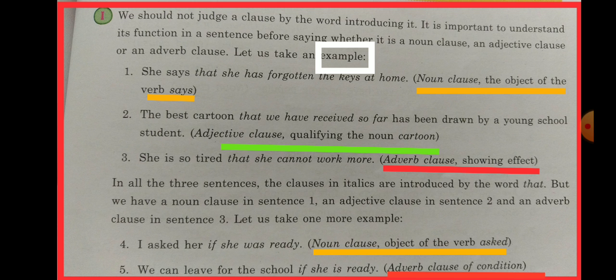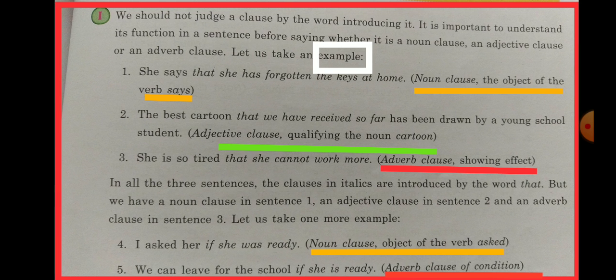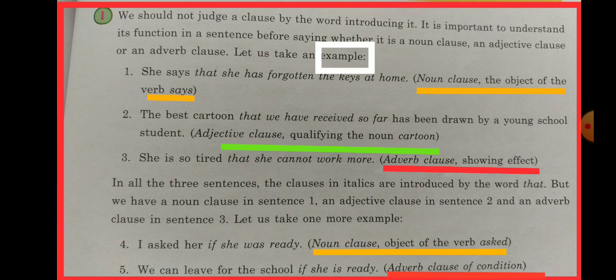If we judge the sentence by looking at the introducing word that, we can say that it is a noun clause. But here you have to remember that a noun clause will give the answer of what. Now it is working like an adjective clause. So the introducing word that can be used with any kind of clause, but you have to understand the meaning of the sentence.